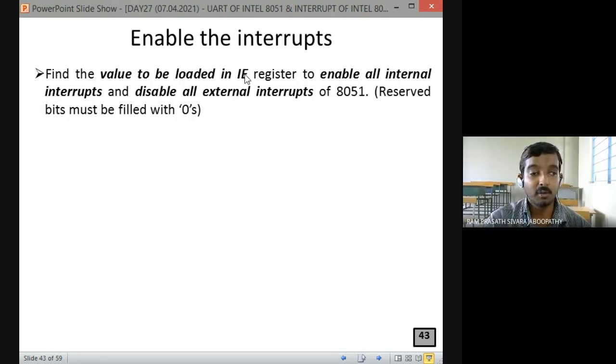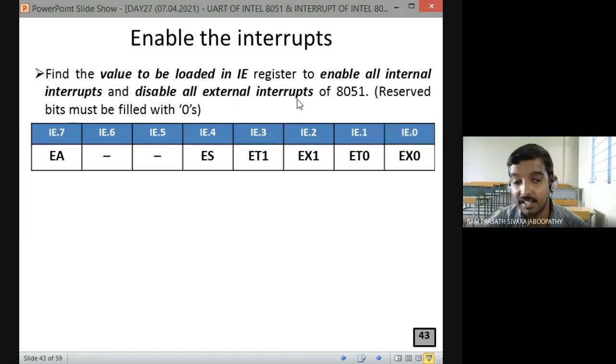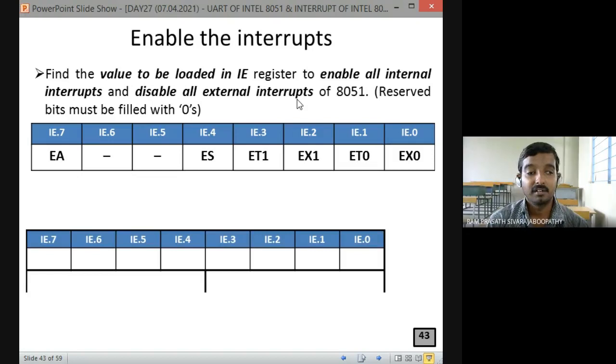Find the value to be loaded in the IE register to enable all internal interrupts and disable all external interrupts. Can you say what value I have to fill? What about the condition of EA? First of all, EA must be 1. Very good. What about the reserved bit condition? 0. What about ES?